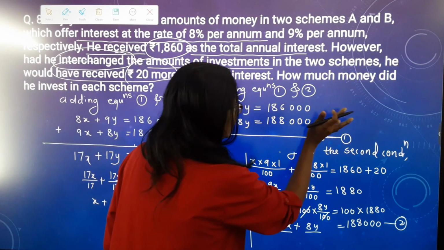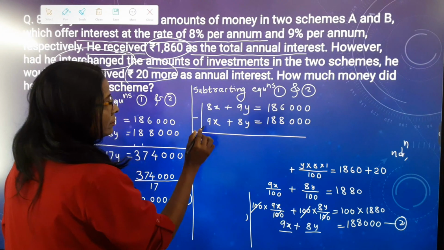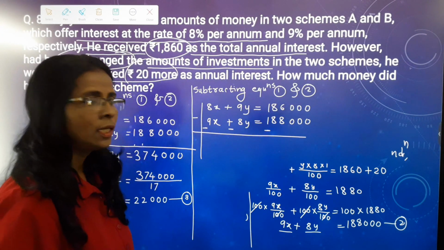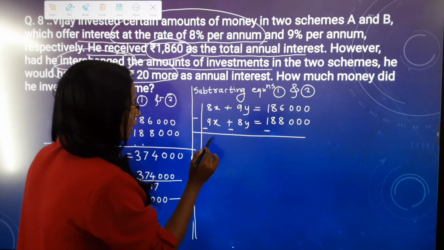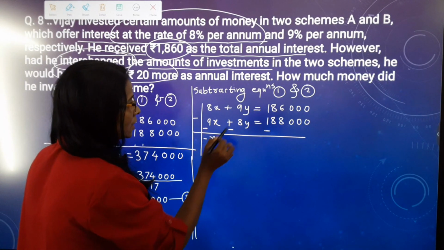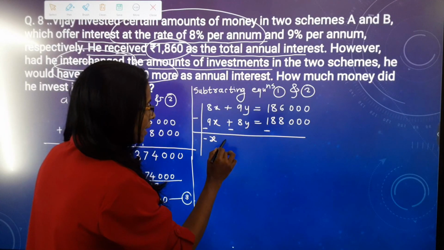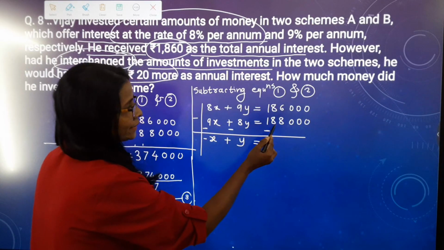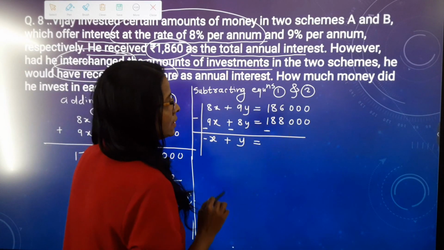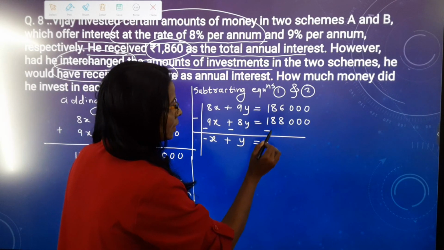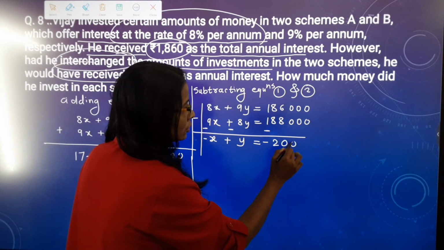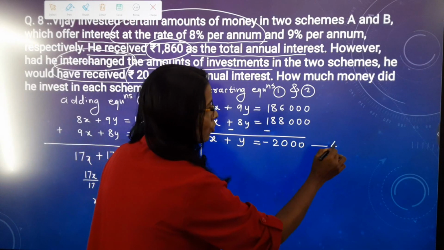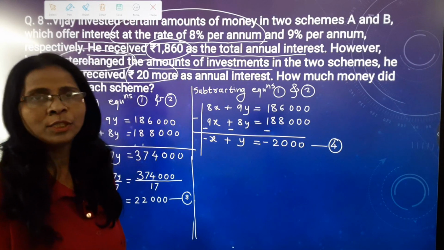Change the sign here because it is a subtraction. So 8x minus 9x, that means minus x. 9y minus 8y, that means plus y, is equal to 1,86,000 minus 1,88,000, that means minus 2,000. Call it the fourth equation, students.